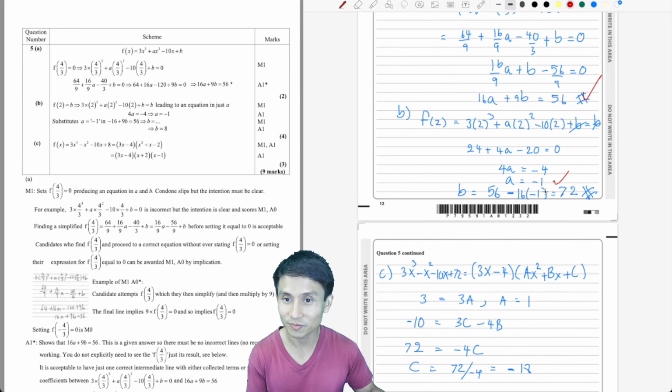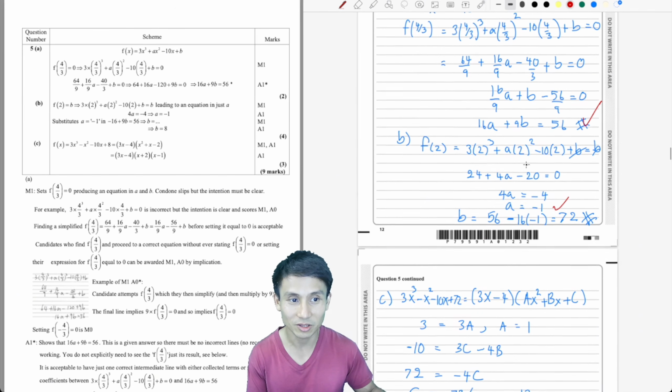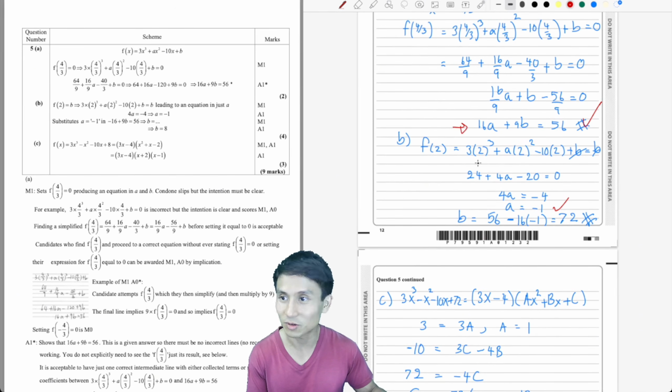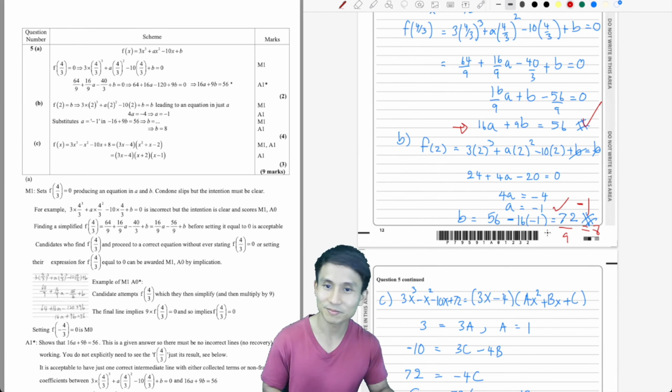Okay, so let me check my working here. I think I did use that equation to find B. And then I move A to the other side. I forgot to divide by 9. Oh no. Yeah. So I lost 1 mark here. Right, hang on. Substitute A -1 in that.